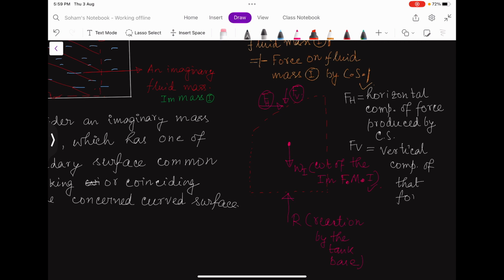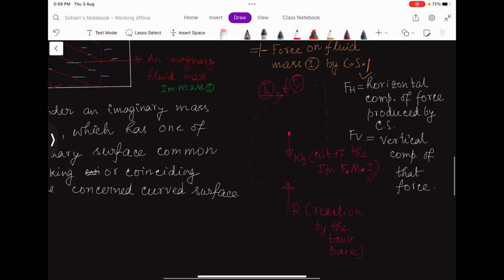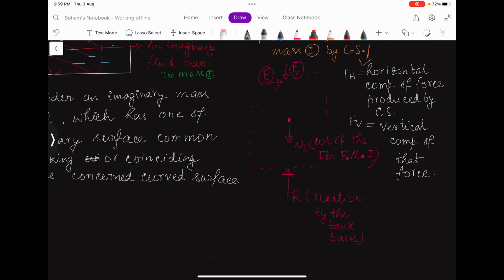Clear? That force means the force produced by the control surface on the fluid mass 1.